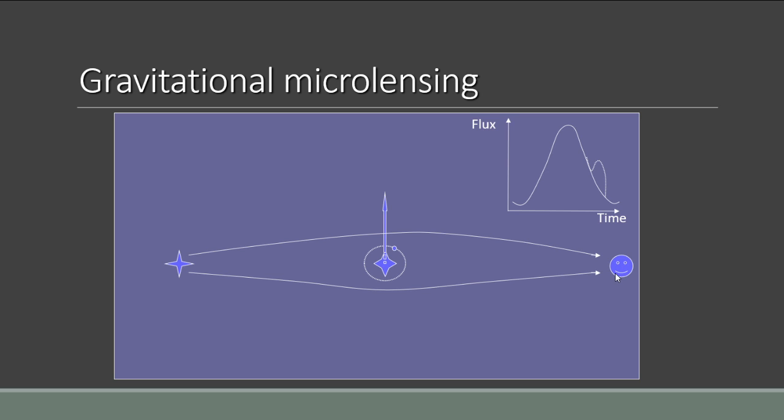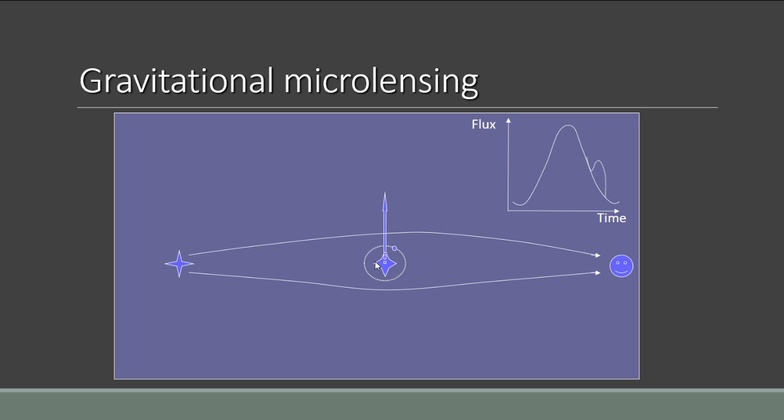So if an observer, here he or she is, observes a star, here is the star, and another body, which we'll call lens, is passing just in between, not in the center in terms of distances, but it has to appear on the line of sight or very close to the line of sight.